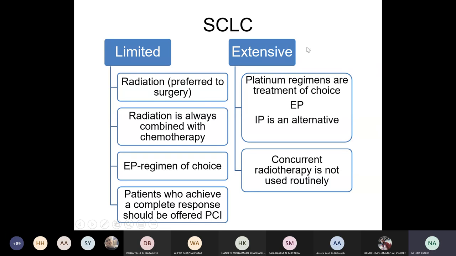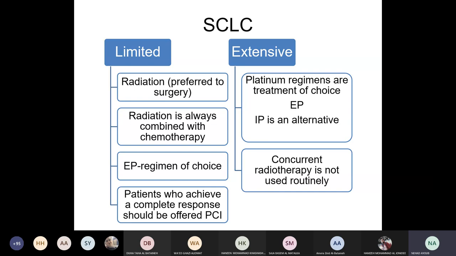Now if the patient comes with extensive disease, and most patients fall in this group, again we go to chemotherapy. EP is preferred. At this stage concurrent radiotherapy is not usually recommended. We can often just rely on systemic chemotherapy and not recommend radiotherapy. It is not routine.